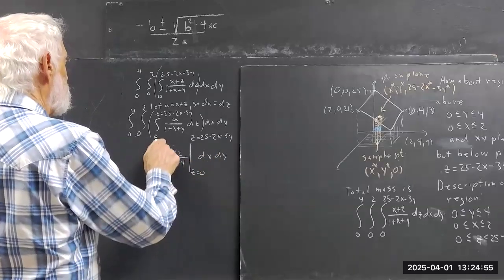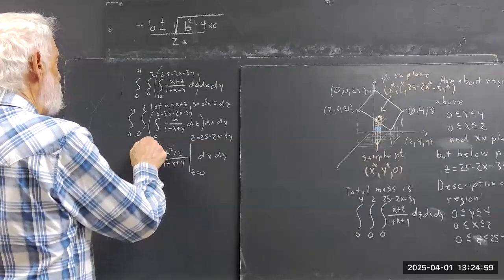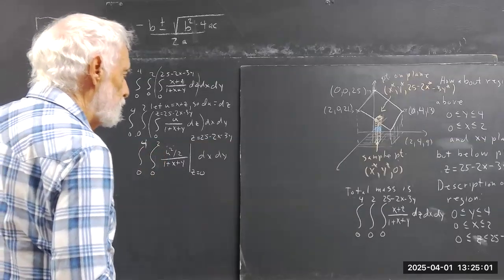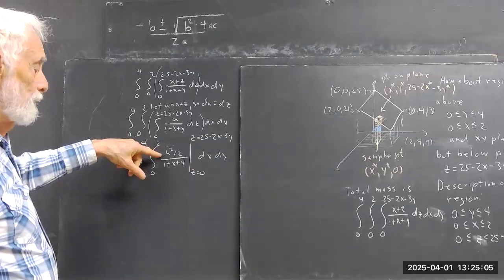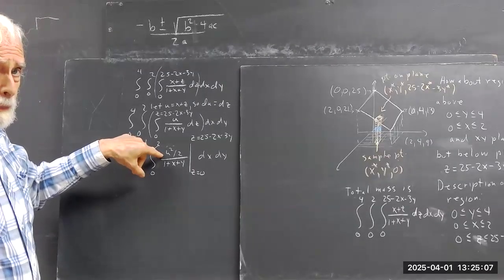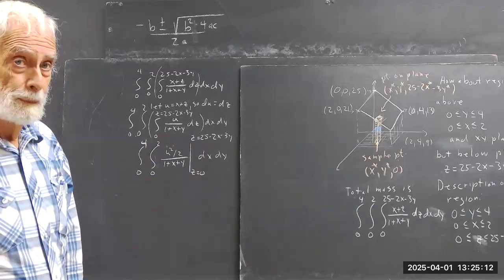And the integral from 0 to 2, the integral from 0 to 4. Now, u is my temporary variable here for substitution, but my limits are still in terms of z.